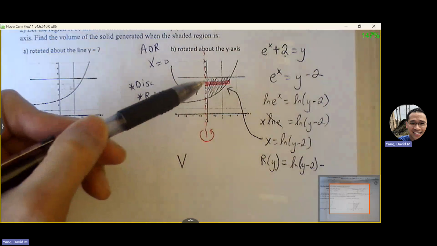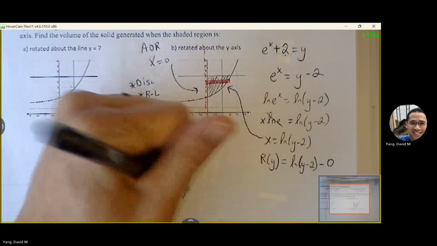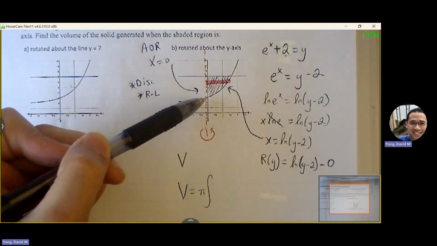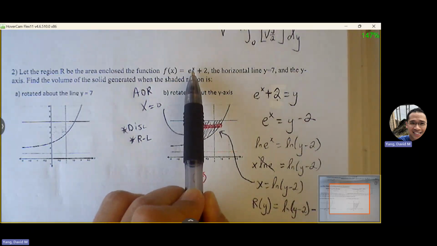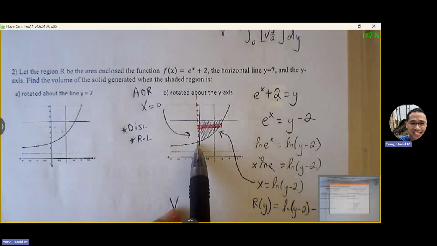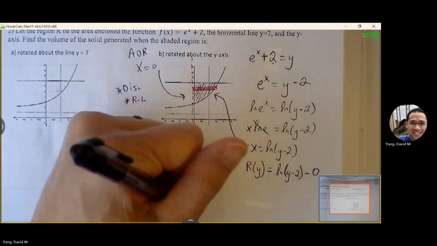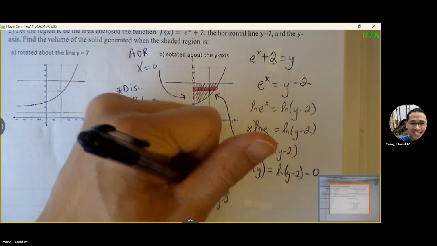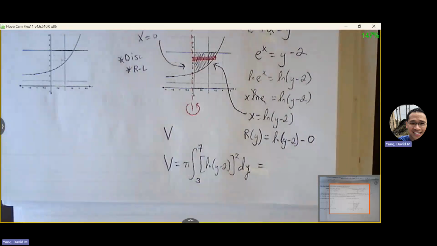The left endpoint of my radius is sitting on the 0. My bounds, lowest to highest y value. I think we can tell the lowest y value, or we can also plug 0 in for x and find the y-intercept. e to the 0 is 1, 1 plus 2 is 3. So from 3 to 7. You're putting y's down on paper, but in your calculator, you'll use x's.